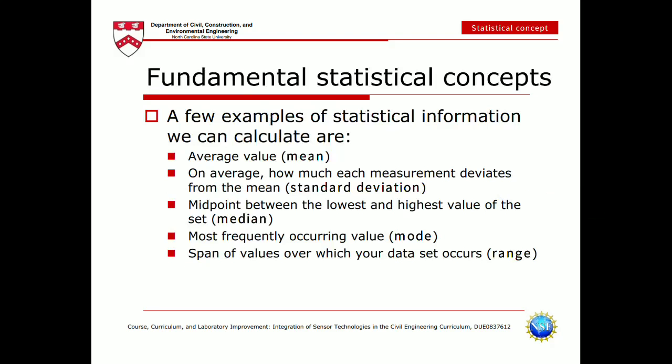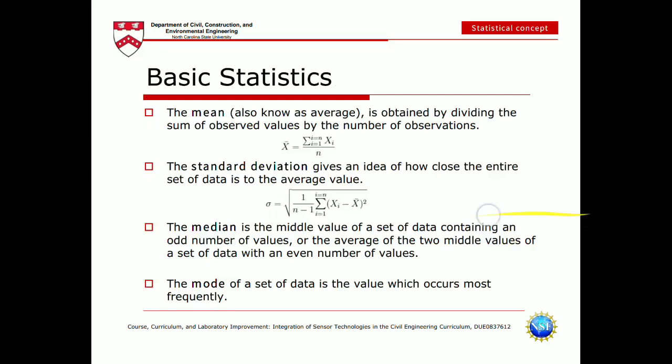Firstly, we saw the fundamental statistical concepts, where we saw what is the average or mean value, the standard deviation, the median, the mode, and the range. We saw all the definitions of these fundamental statistical concepts.